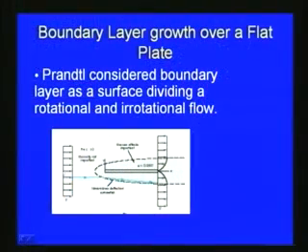So, within the boundary layer, Prandtl considered the fluid flow as rotational, and beyond the boundary layer he considered the flow as irrotational flow. Here you can see, when a free stream velocity is coming over the flat plate, the boundary layer is developing on both sides, and this is the rotational flow field within the boundary layer on both sides of the plate, and beyond this Prandtl considered irrotational flow.